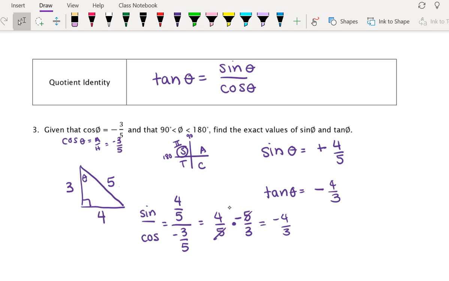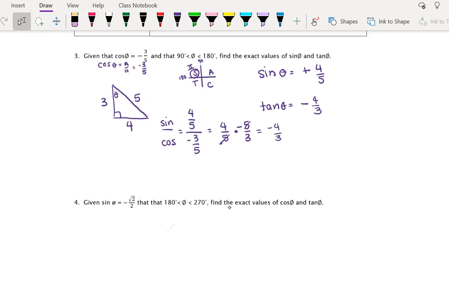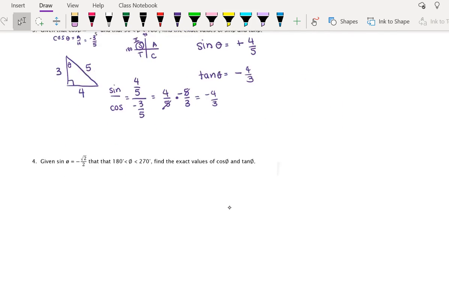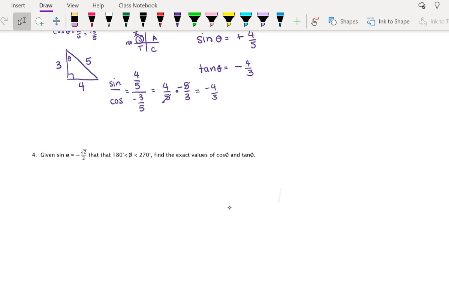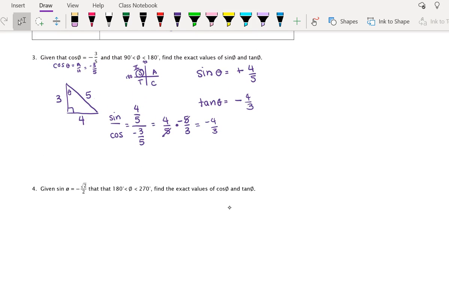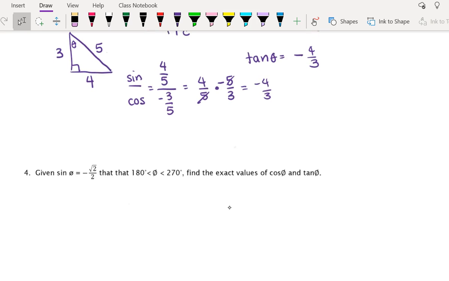I don't think that's necessarily an easier way to do it. Honestly, I would have just used the triangle and done 4 over 3 to begin with, but that's another way, and we will use the quotient identity a little bit later. Okay, and then lastly, I think this is our last example. Yep, so now this is where the quotient identity might be a little bit more useful.